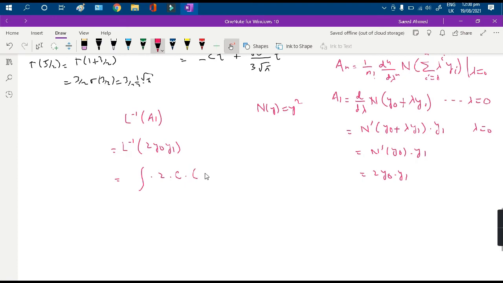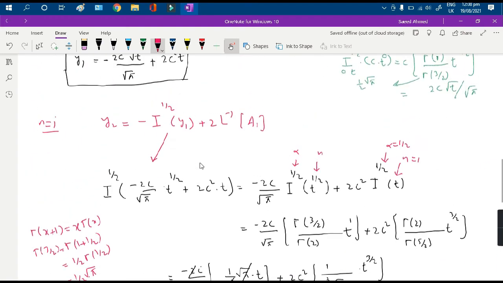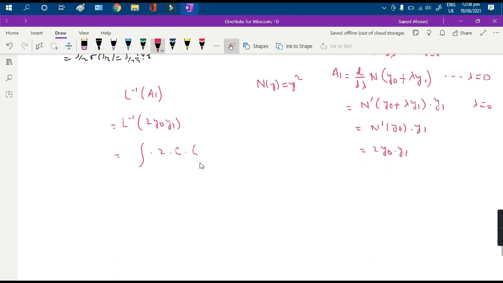So it has minus 2c square root of t over square root of pi plus 2c square t dt.